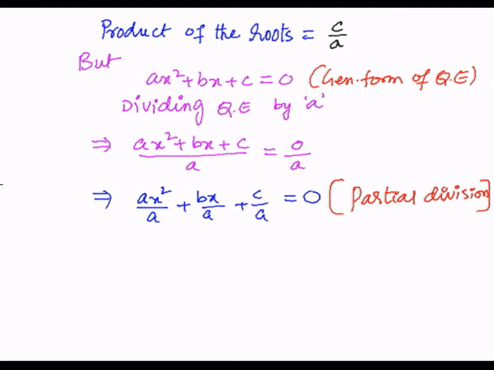Then a in the denominator and a in the numerator get cancelled. Then that implies x square plus (b divided by a) multiplied with x plus (c divided by a) is equal to 0.